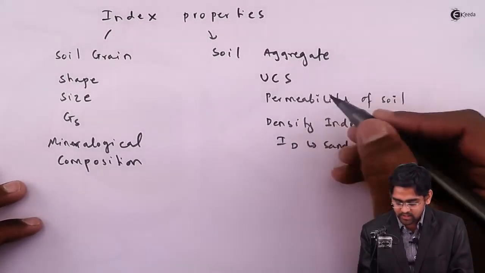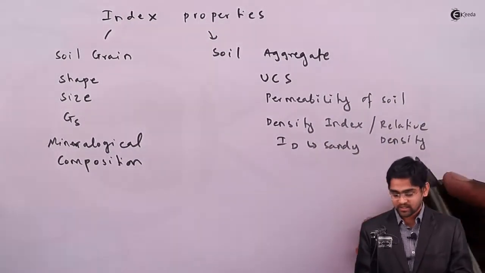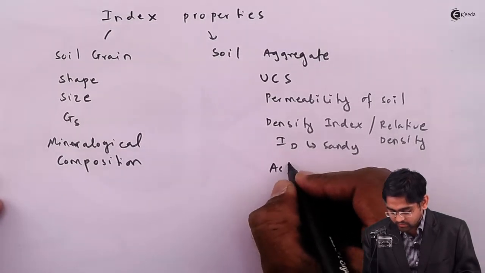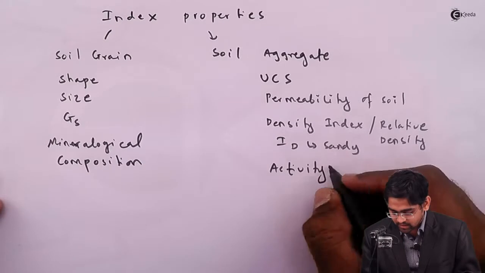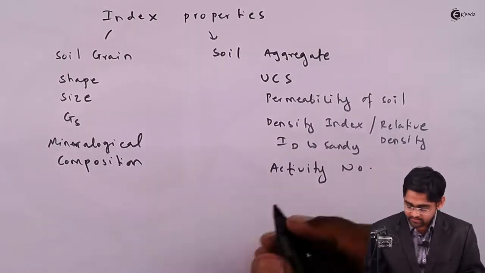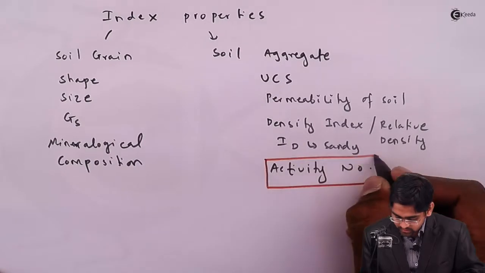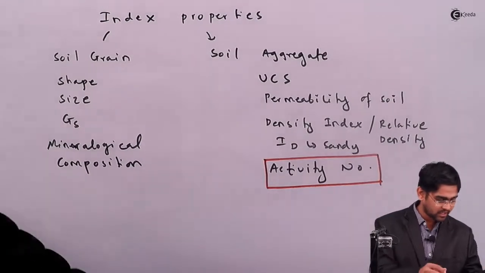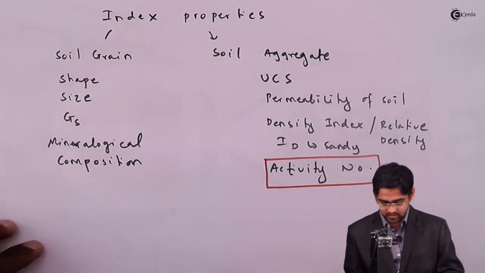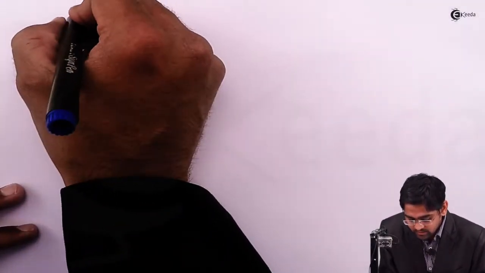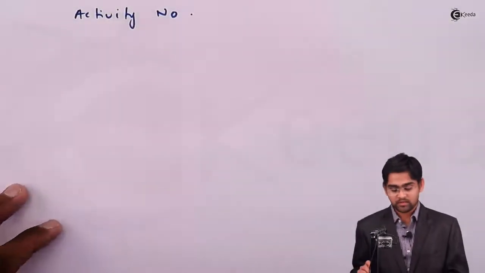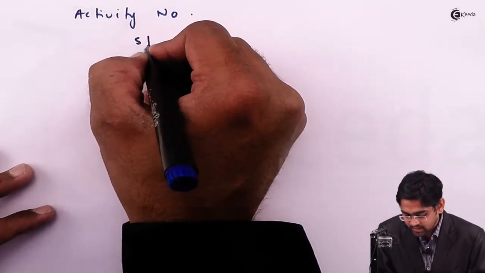That also we have seen and how to calculate it, and subsequently we have seen its derivation as well. We also saw the property of clay, which is nothing but the activity number, and we probably left it out as it is. So this is still yet to be discussed, but we have discussed all these properties in depth. I'll discuss this index property in the subsequent hours. So this activity number, before going to it, this number was discovered by Skempton.